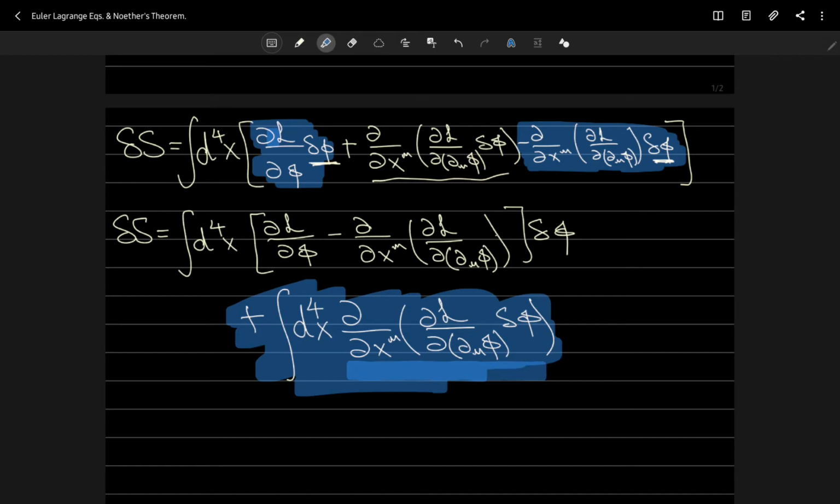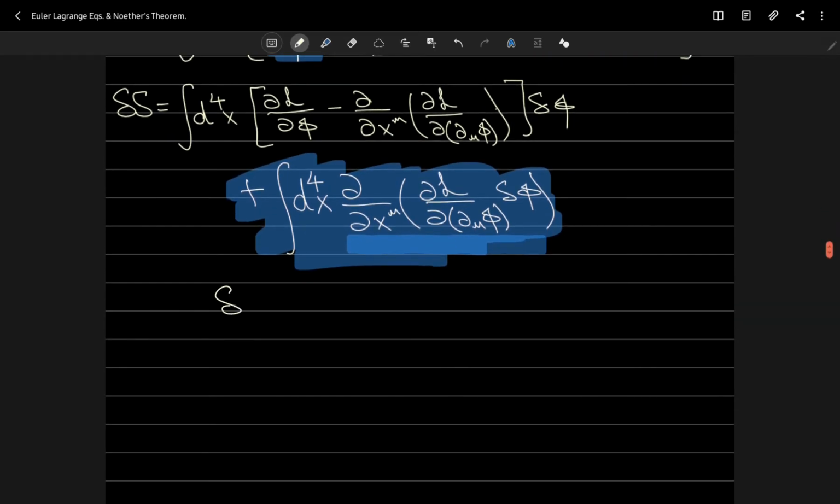And from calculus, we know that it just means that it is the integrand evaluated at the boundaries of the field. But actually the fun and exciting part is that this δφ vanishes on the boundaries, right?